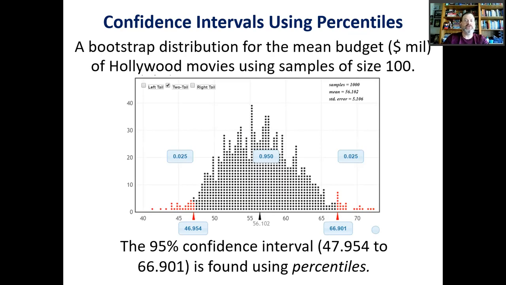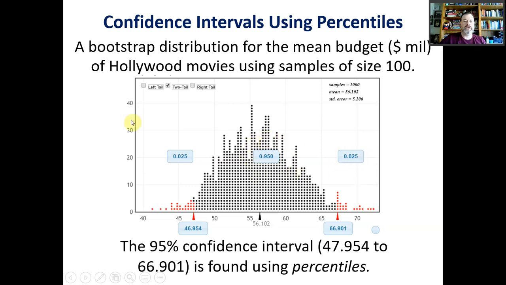So here is a bootstrap distribution for the mean budget in millions of dollars for Hollywood movies using samples of size 100. So this is what a bootstrap distribution using percentiles would look like. And as you can see, this is all done in StatKey. So the 95% confidence interval actually shows up here in the middle.